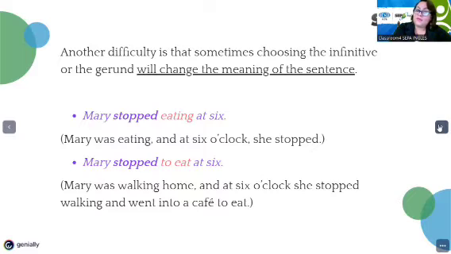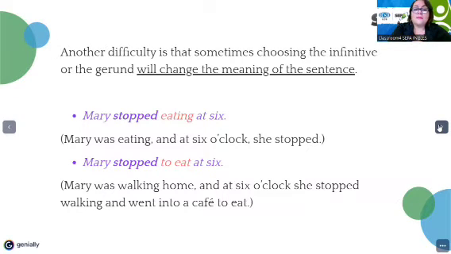Mary was walking home and at 6 o'clock she stopped walking and went into a cafe to eat. If you see, maybe the structure can be the same, but it has a little bit of difference. Let's check again and analyze it. Mary stopped eating at 6. Mary was eating, and then at 6 o'clock, she stopped, no more.